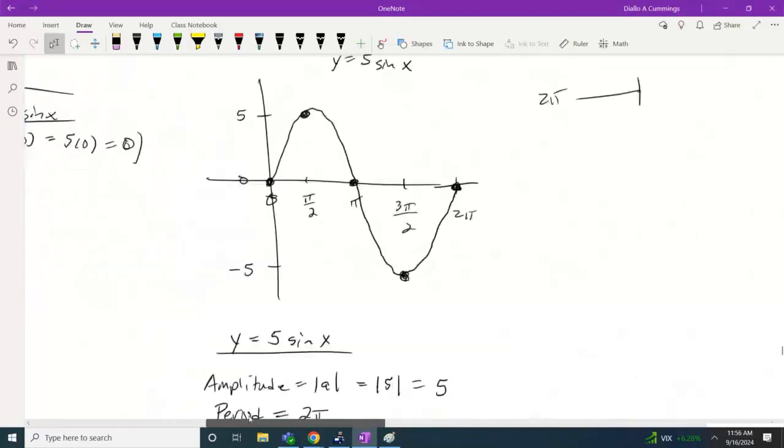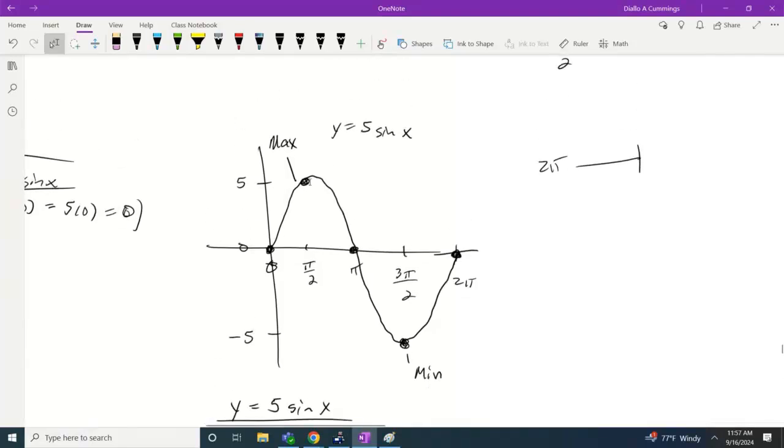Next, we're asked for the minimum and the maximum. So now if you're looking at this graph, the maximum is going to be located here, right? The maximum is like at the top of the hill. The minimum is going to lie in the valley. So if I had to write out ordered pair coordinates for the maximum, that's going to be the point pi over 2, 5.